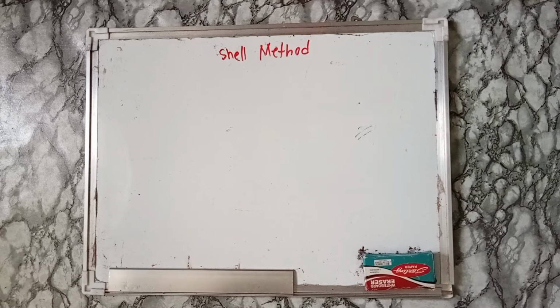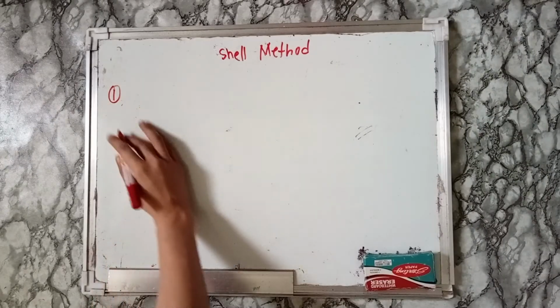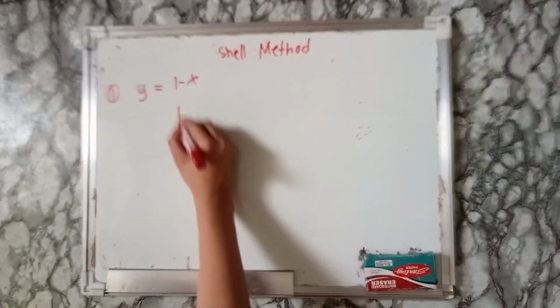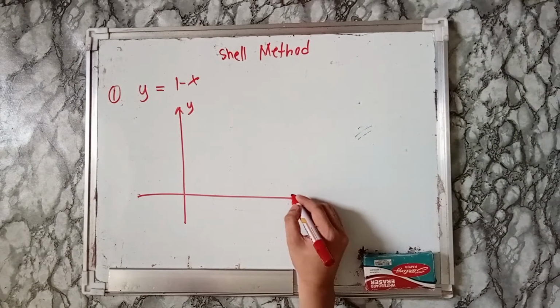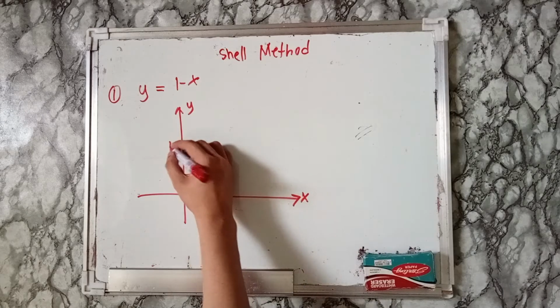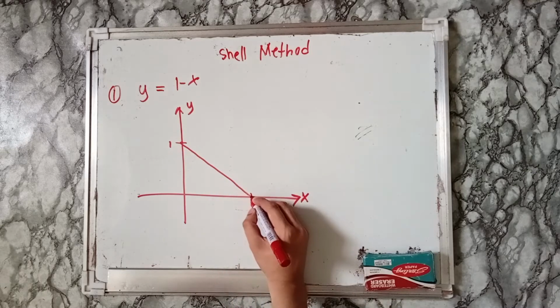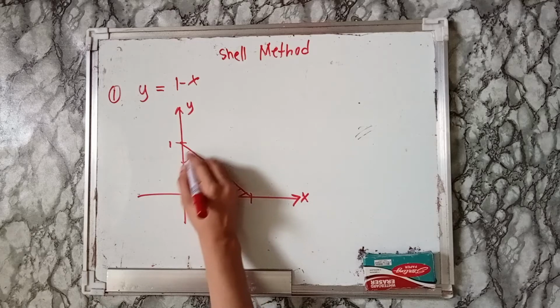Now let's say we have example number 1. Let's say we have y equals 1 minus x, and the graph, this is y, this is x, and this is 1. Let's say we're given a graph like this.